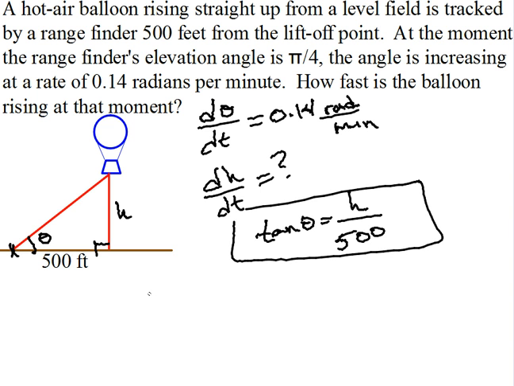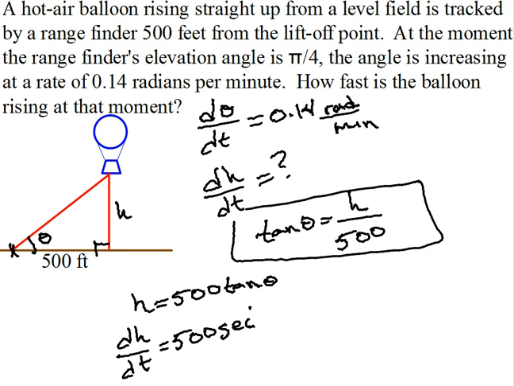So let's rewrite the equation as h equals 500 tangent of theta. And now let's take the derivative with respect to time. The next step is to take the derivative with respect to time of both sides. So that gives us dh/dt is equal to 500 times secant squared of theta times d theta/dt. And at this point, all we have to do is evaluate the function at the appropriate point.